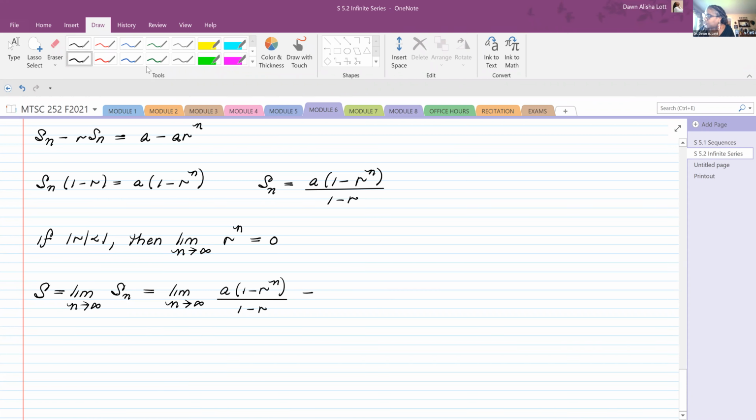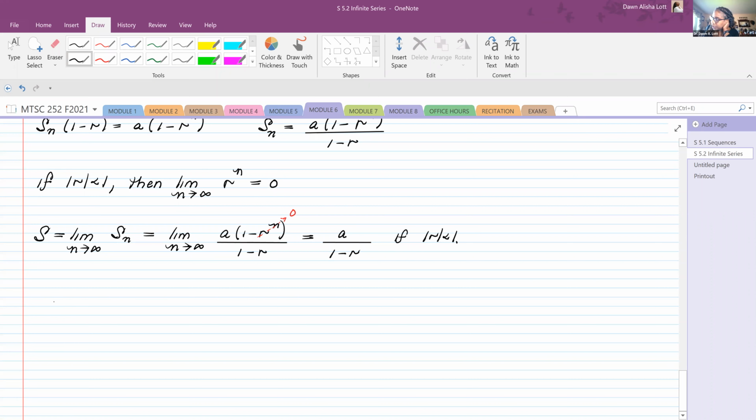Well, this term is going to go to 0. So I just get a over 1 minus r if the absolute value of r is less than 1. Okay, so I know that seems a little bit much, but it all breaks down to the following. Nice and simple.